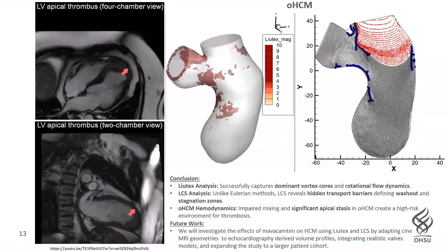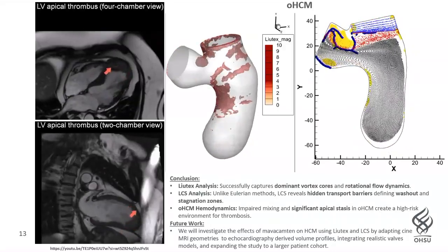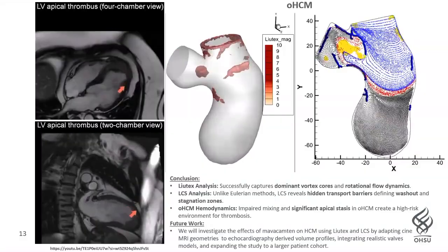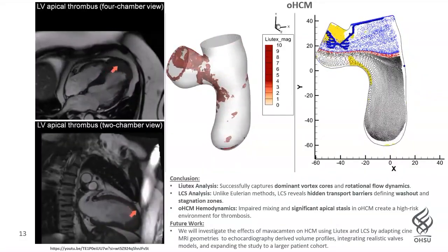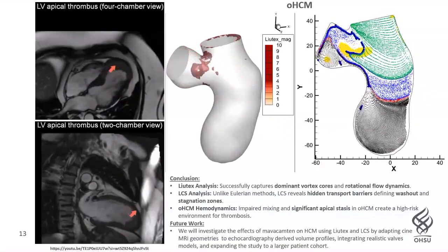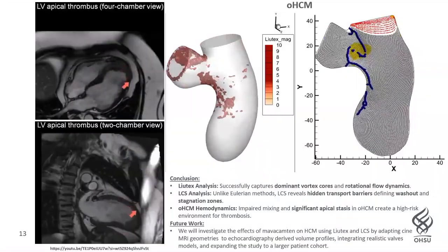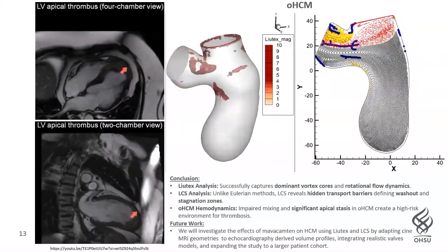The patient has a thrombosis in the apex. With a combination of the vortex cores and the FTLE, we can also get an idea why those people have apical thrombosis. And that could be a way to understand and make a relation between thrombosis and the vortex and the flow separation lines or any other disease.